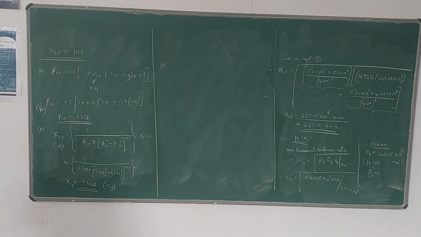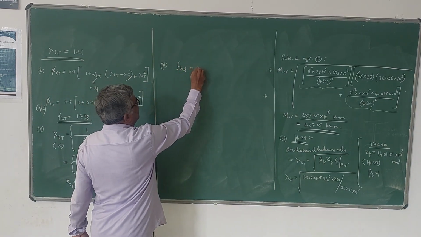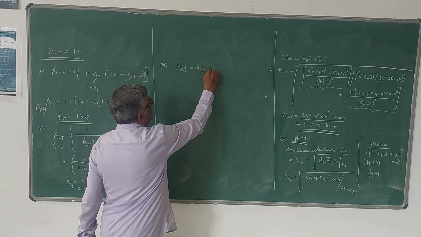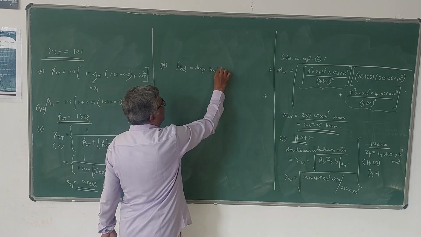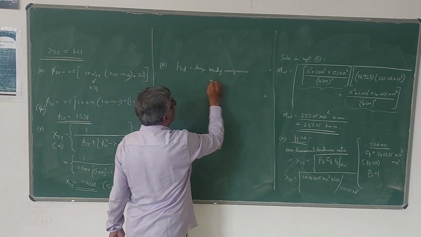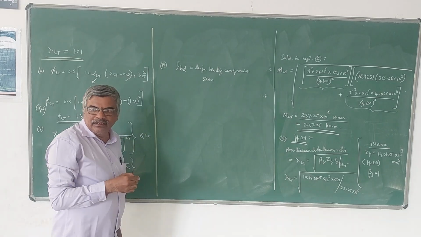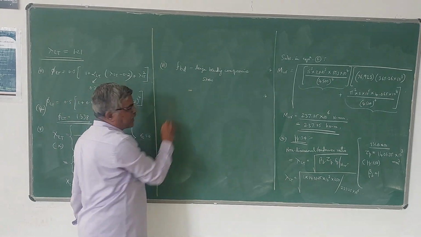FBD is the design bending compressive stress. So we are moving backwards. Understood? Since the formula is given, what is the formula?